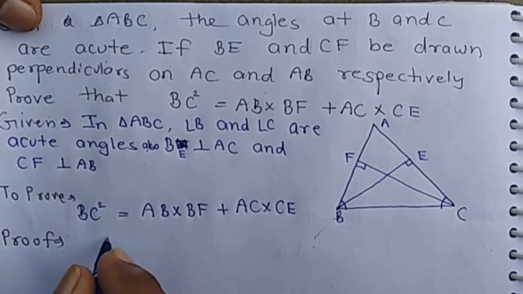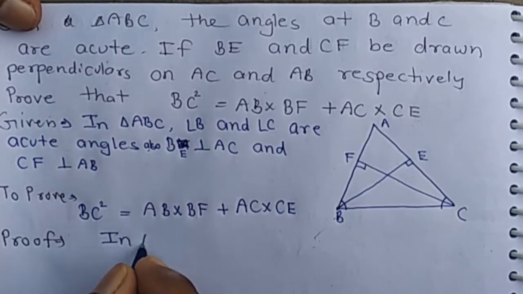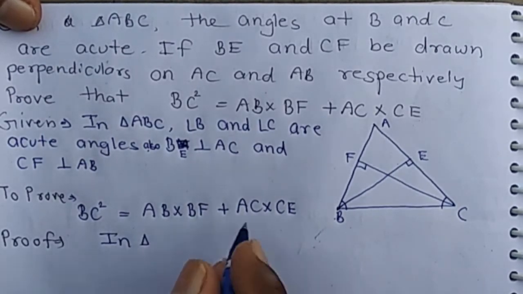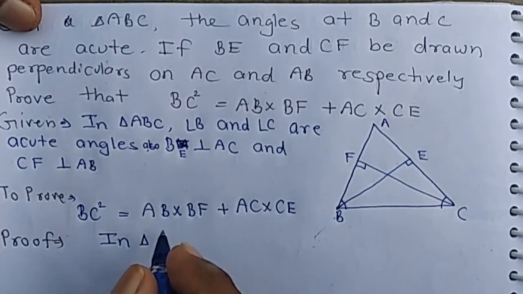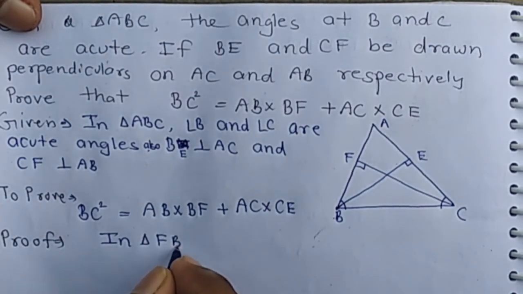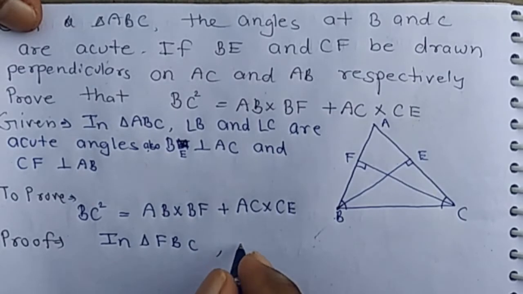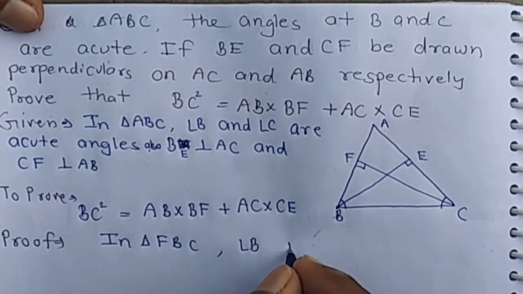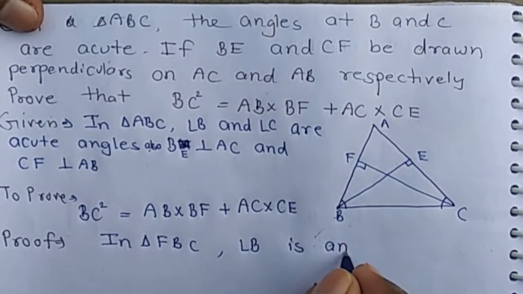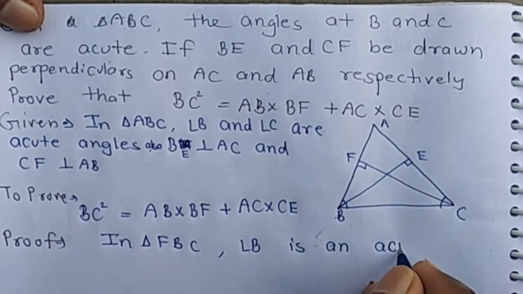Now proof. In triangle FBC, angle B is an acute angle.